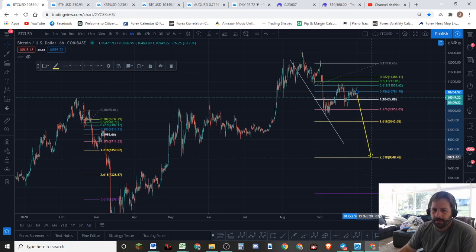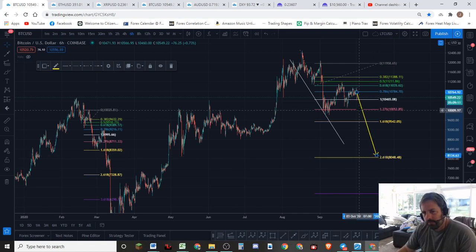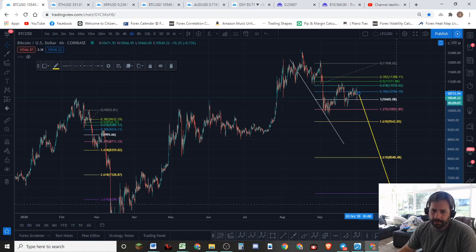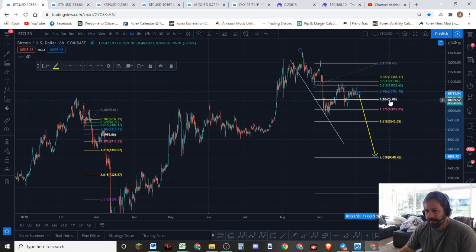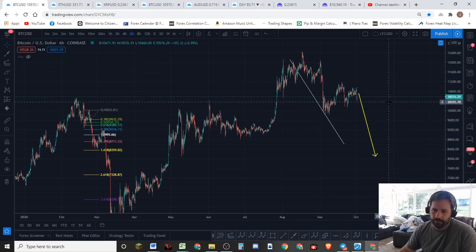I'd like to see what price does around the 2618, $8,048 in that ballpark. That's the bearish view. It's going to end up coming lower, but I want to see what price does around that zone. But again, this is really an ultra bearish view.